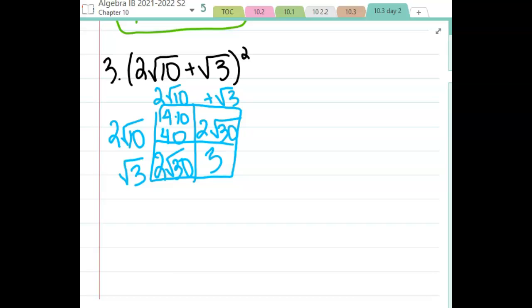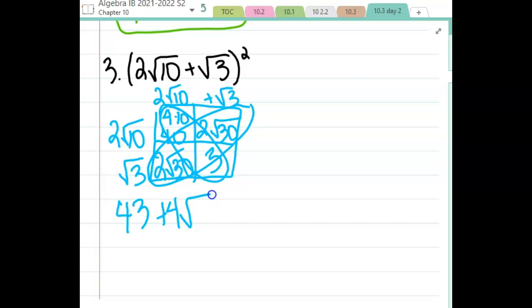Now for the box method, to get your answer, most of the time you're going to be able to combine both diagonals. Notice, that's just a 40 and a 3. You can take 40 plus 3, and you get 43. And on this diagonal, they're both square roots of 30. So you have 2 square roots of 30 and another 2 square roots of 30.